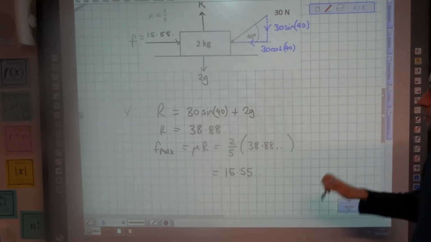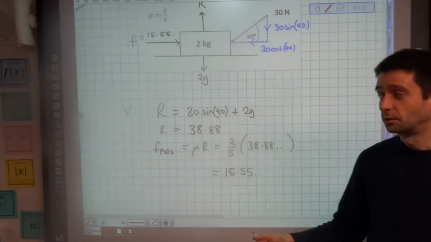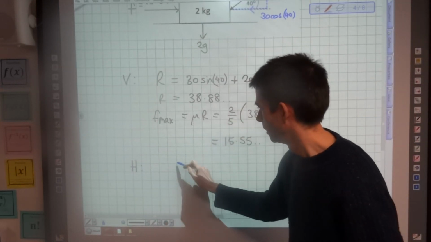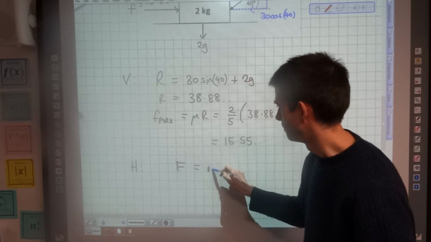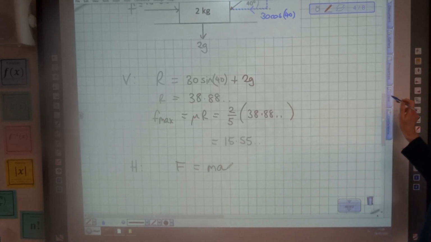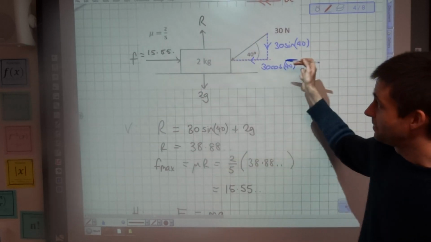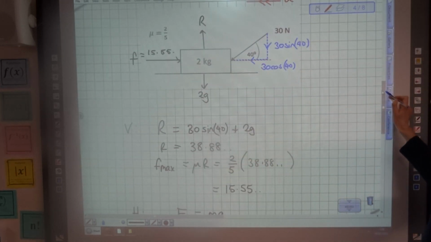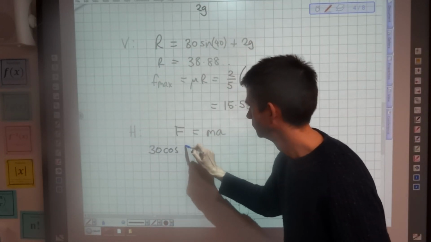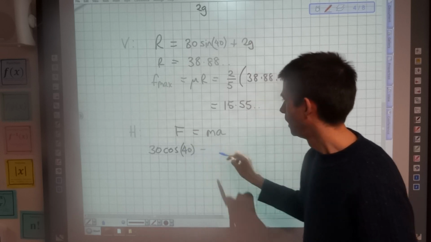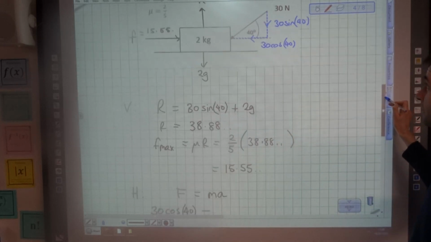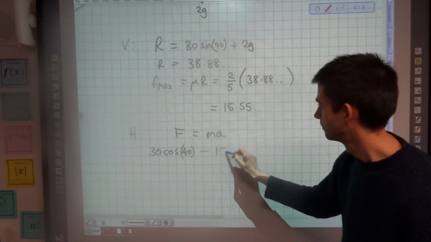Okay, now I'm in a position where I can resolve horizontally to find the acceleration of the particle. So, resolving horizontally, I'm using resultant force is equal to mass multiplied by acceleration. Now I resolve in the direction of motion, which is to the left, which means that left is positive. So this 30 cos 40 force is going to be my positive one. And my negative force going in the opposite direction is my frictional force, that 15.55 newtons.